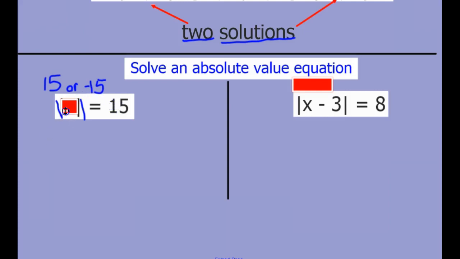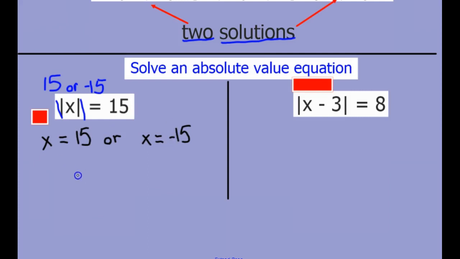So our solutions to this problem, the absolute value of x equals 15, would be x equals 15 or x equals negative 15. If we have the same number, they're the same distance away from 0, we just have a positive number and a negative number.